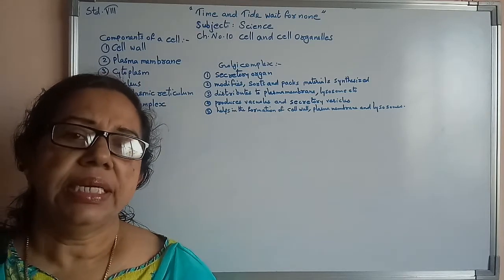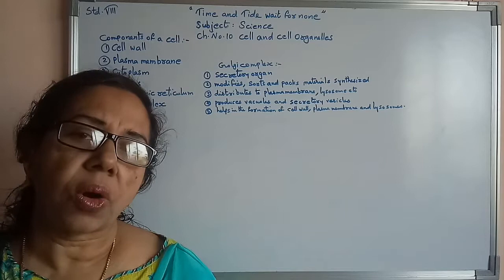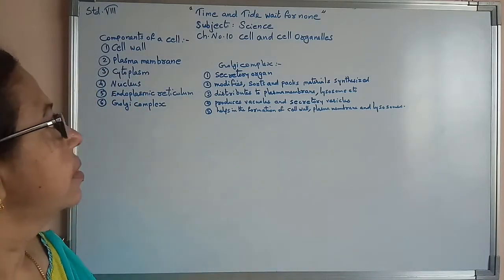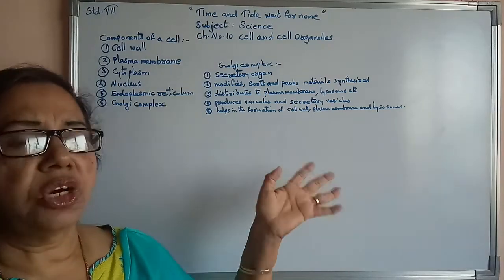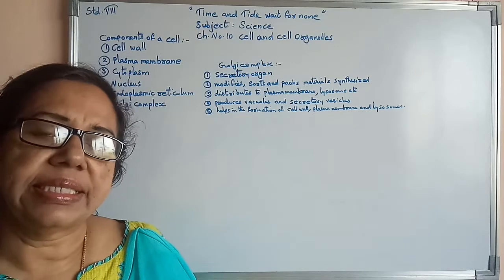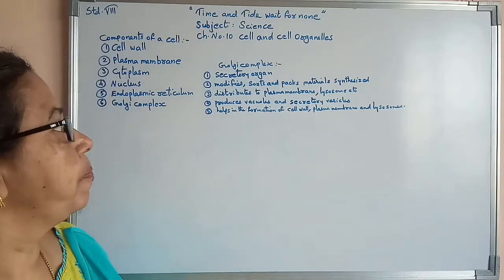Golgi complex is the secretory organ in the cell. It modifies, sorts and packs materials synthesized in the cell.